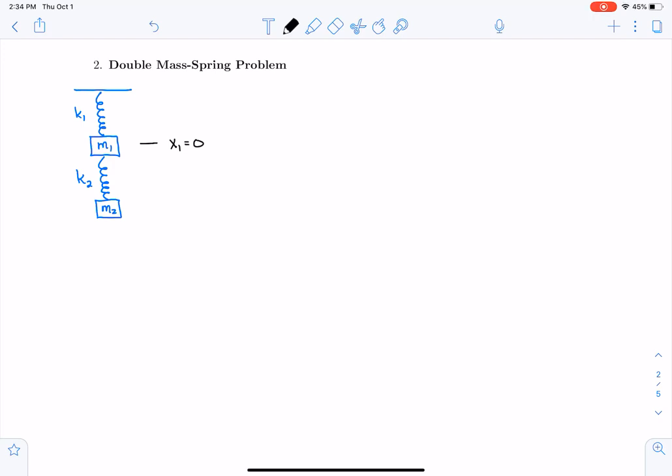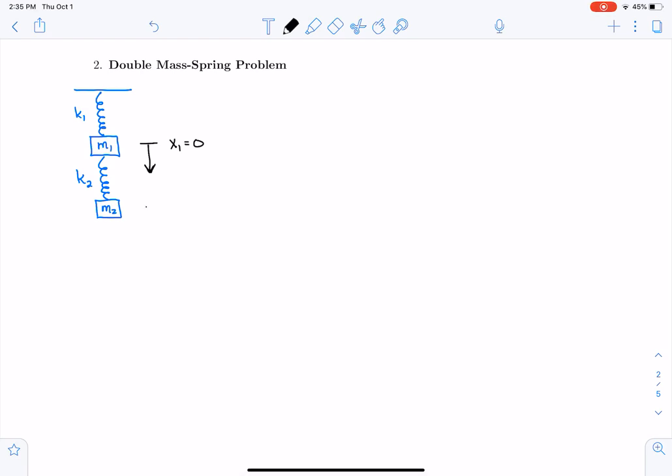And then we're going to have an axis that's describing the motion of that spring. Let's go ahead and point it down. So this is the x1 axis, and that's going to describe the motion of this mass away from equilibrium. The equilibrium marked out there where x1 is 0.